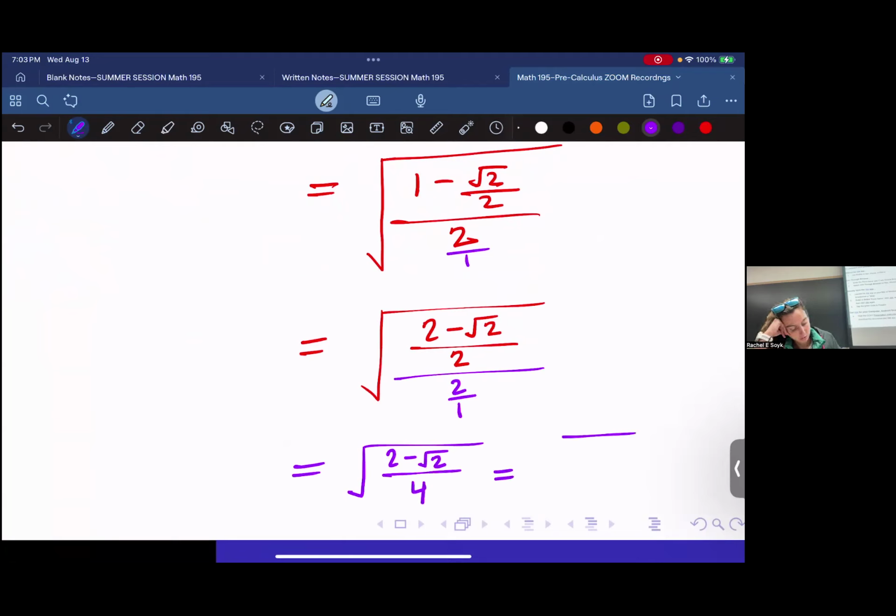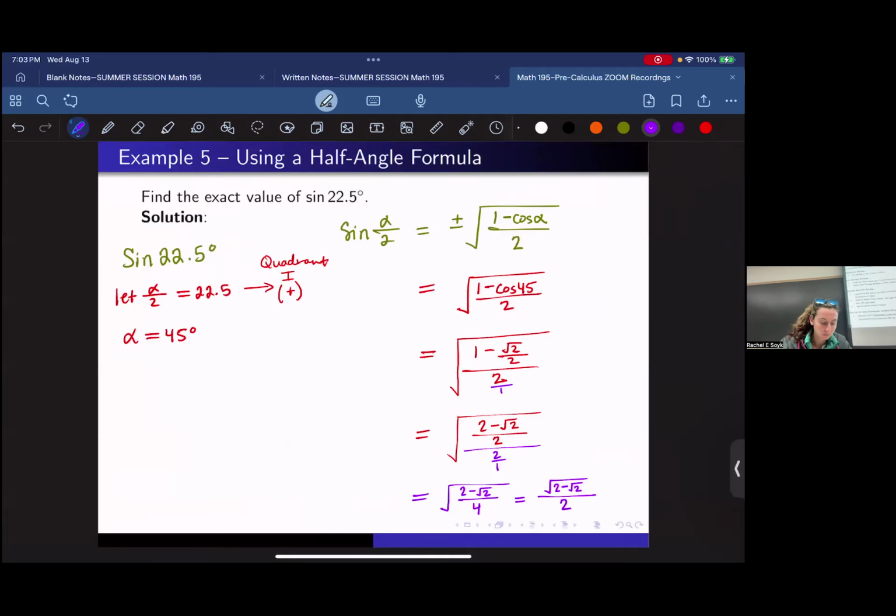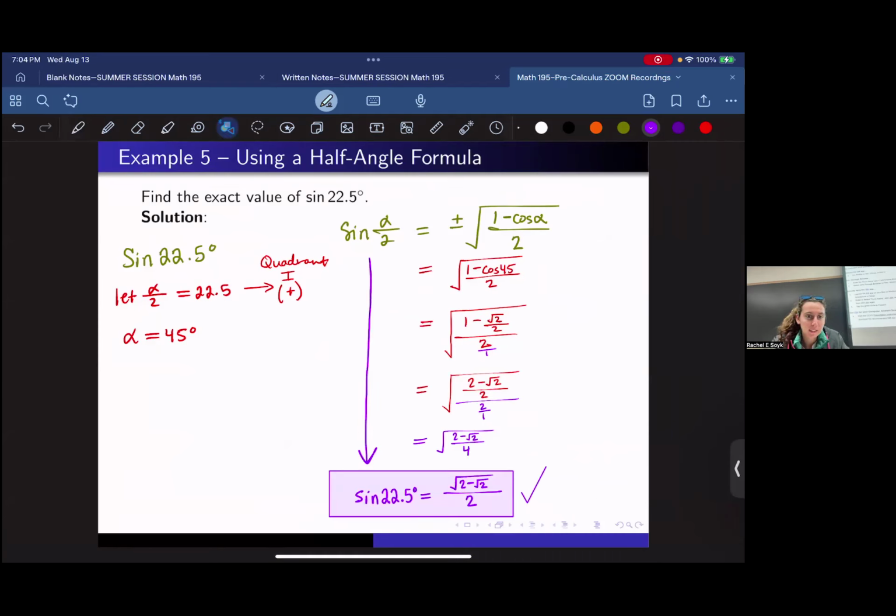And we can take the square root of 4. So our final answer is the square root of 2 minus the square root of 2 all over 2. I'll shrink this so it's a little more organized. And there we have it, our final answer.